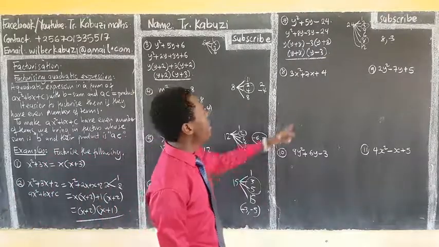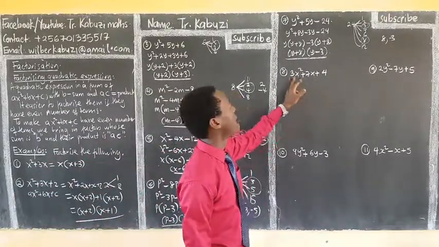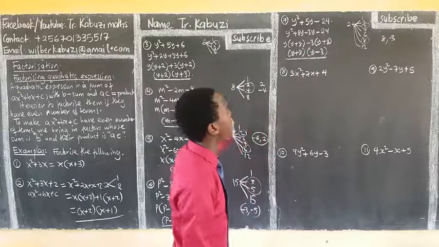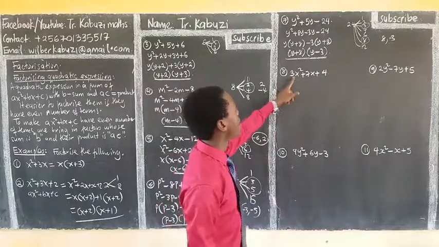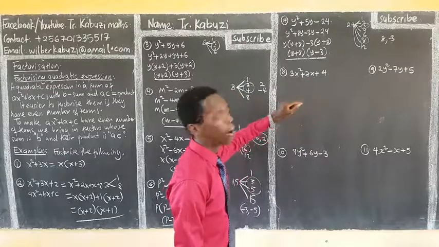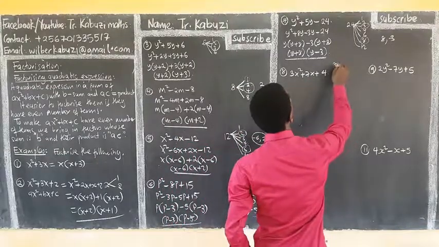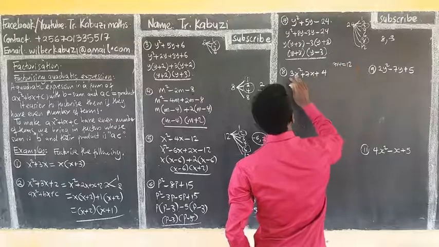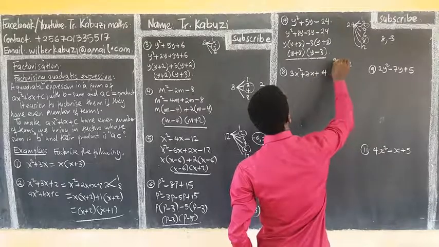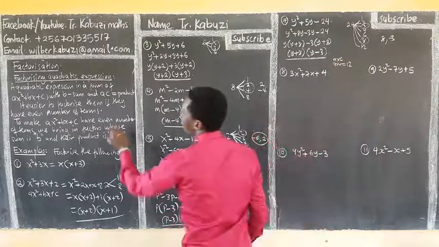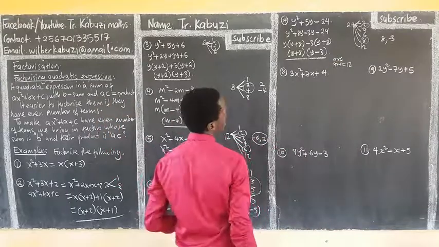Now, we are adding this as when the coefficient of the highest power is not 1. So the product is going to be 3 times 4, which is 12. So 3 times 4 gives me a 12. So the A times C. What we are talking about, AC gives you the product.